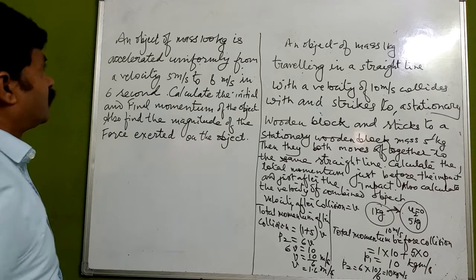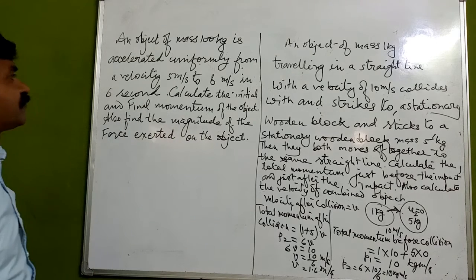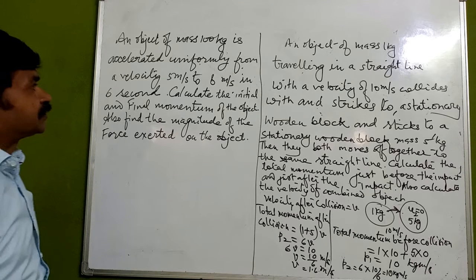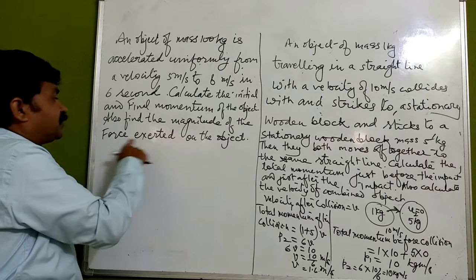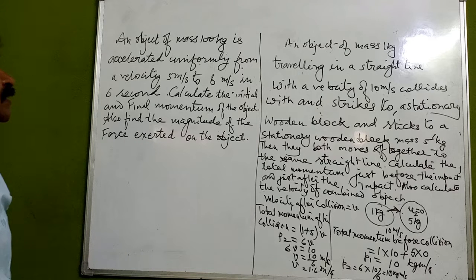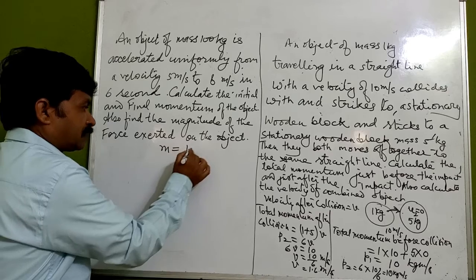Now the next question: an object of mass 100 kg is accelerated uniformly from a velocity of 5 meter per second to 6 meter per second in 6 seconds. Calculate the initial and final momentum of the object and also find the magnitude of the force exerted on the object. Now here mass is given to us, that is 100 kg.